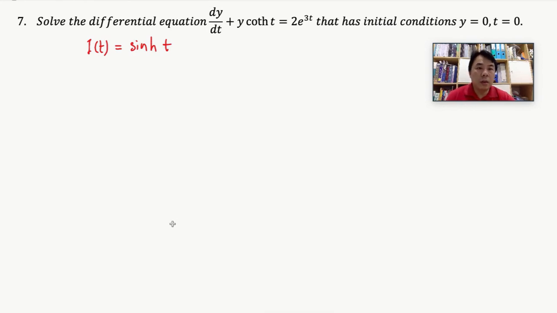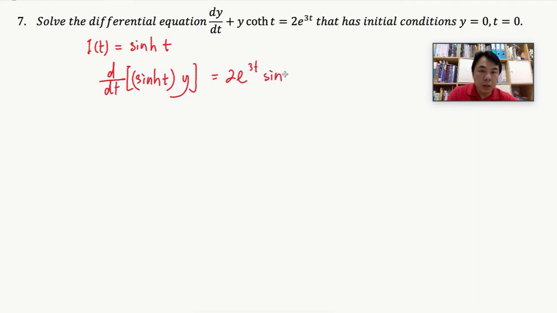So that is our integrating factor. And then from here, we also recognize that we can describe this whole expression in this form, which is a sinh t, pretty much the same as what we have obtained in our previous section, 2e^3t sinh t here.